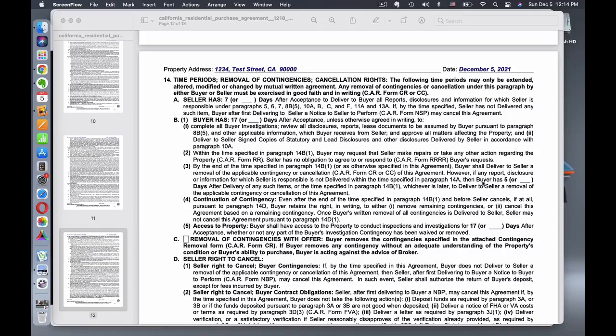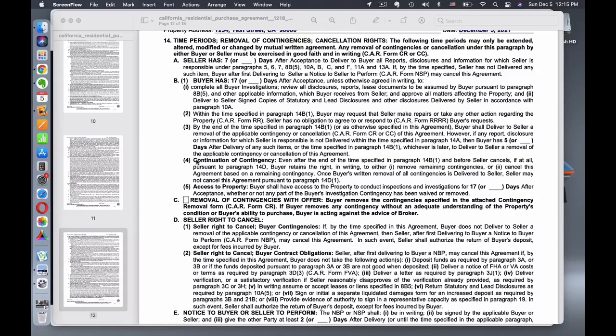So this is important as a seller. The seller can't just sit on information and then drop it on the buyer at the last minute, and the buyer doesn't get a lot of time to look at it. If it's new information, if it was information the seller was required to give the buyer, we get 5 days from the day it was given to us, irregardless of what the time frame we've agreed to up here.